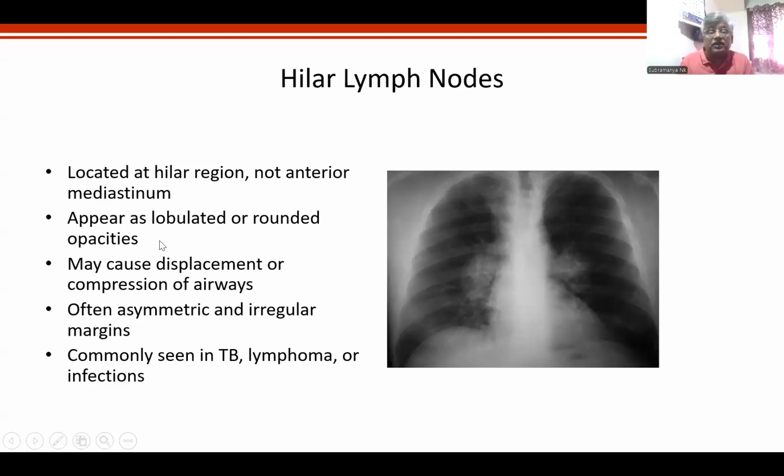They appear as lobulated or rounded opacities. Lymph node cannot be any other shape other than rounded. What do you mean by rounded? That means the round is always convex outside, never concave outside. Any concavity outside, for example, this shadow is concavity. This cannot be a lymph node.